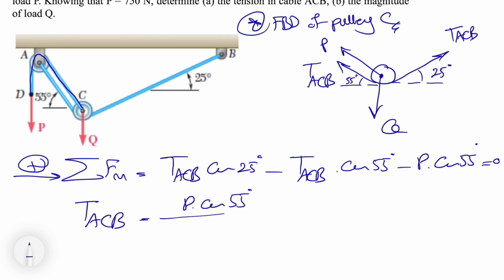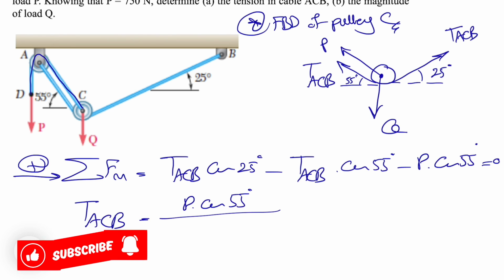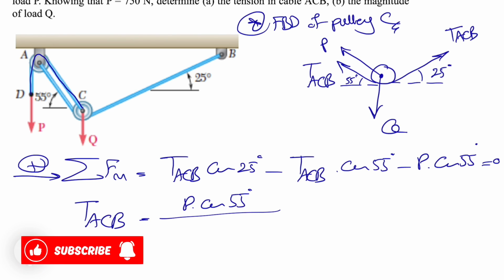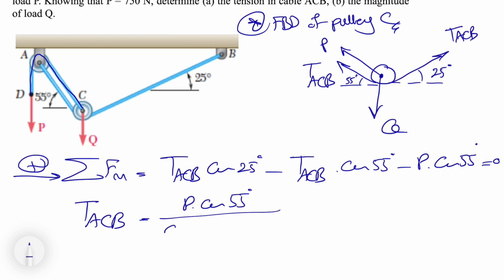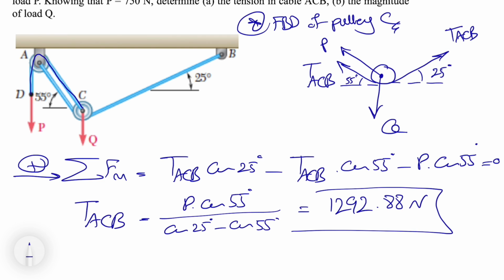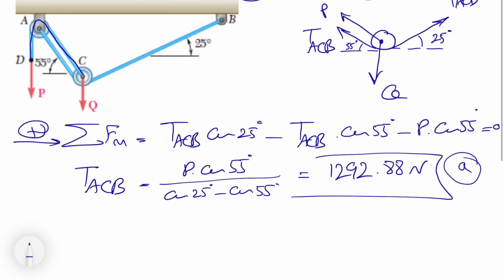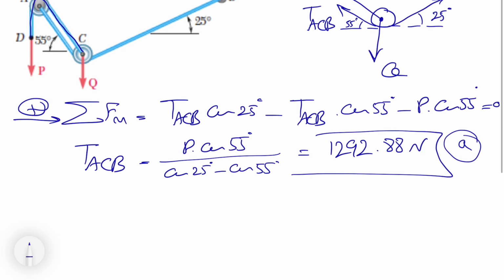We know P is 750 Newton, so the only unknown here is T_ACB. If we move the P cosine of 55 to the right side of the equation and factor T_ACB, we'll have cosine of 25 degrees minus cosine of 55 degrees. From here, we can find the tension in the cable, which will be 1292.88 Newton. So that was the answer for part A of the question.